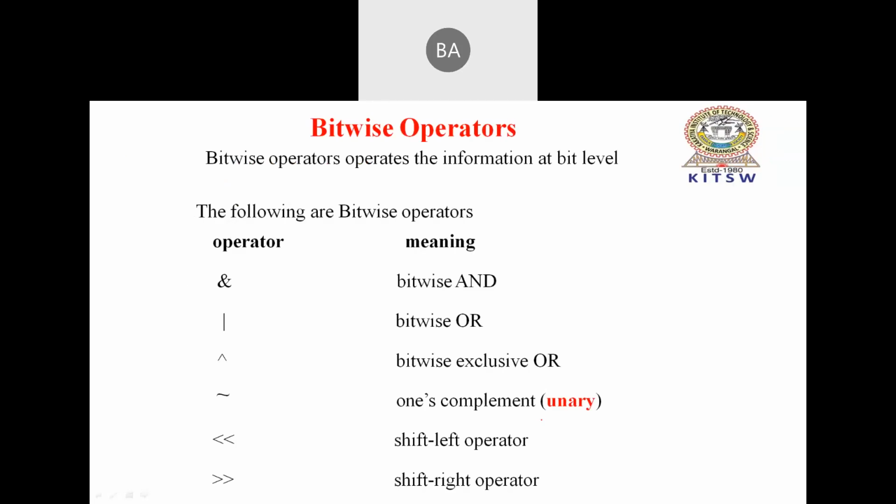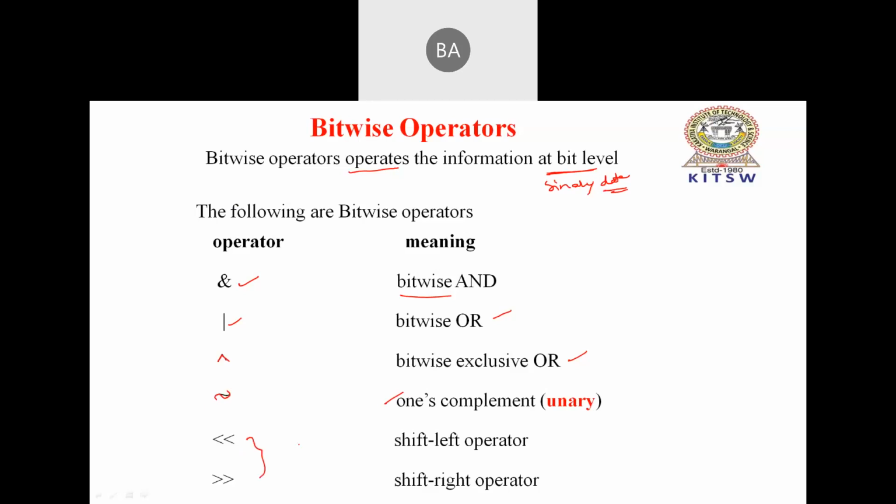So what do we mean by bitwise operators? The bitwise operators operate on bit level, binary data. The following are the bitwise operators. Single ampersand is called bitwise AND, the single pipeline symbol is bitwise OR, the cap symbol is called exclusive OR, and the tilde symbol is called ones complement, a unary operator.